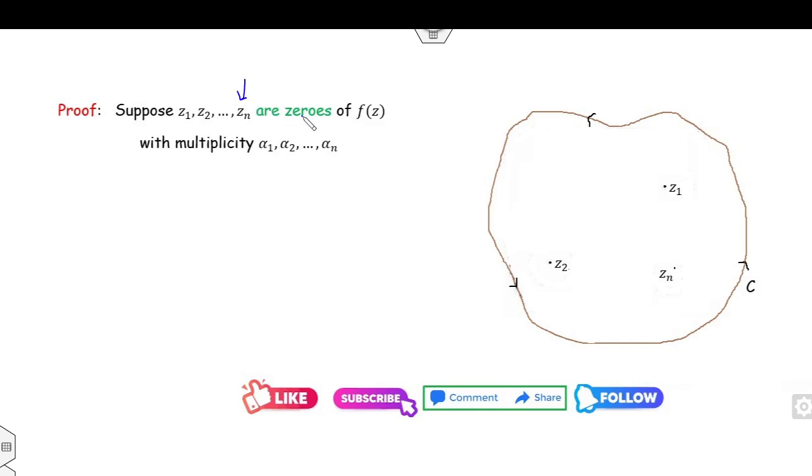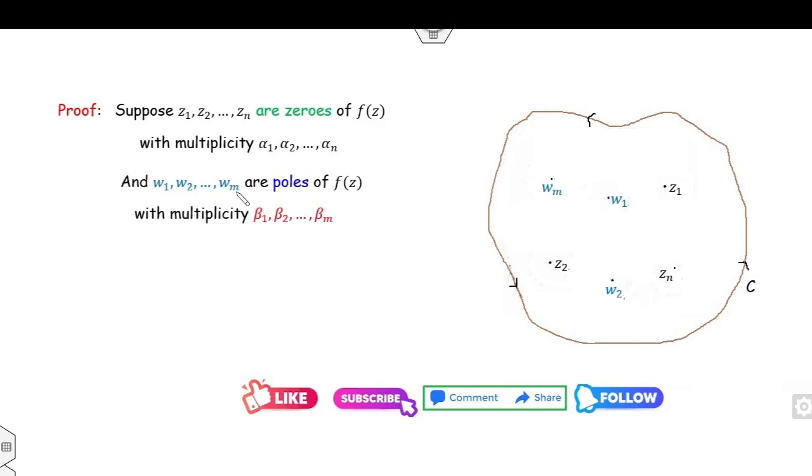The zi's are my zeros with multiplicity alpha 1, alpha 2, alpha n. That means z1 has multiplicity alpha 1, z2 is a zero having multiplicity alpha 2 and so on. Multiplicity you can also call the order. Similarly, I take w1, w2 and wm as the poles.